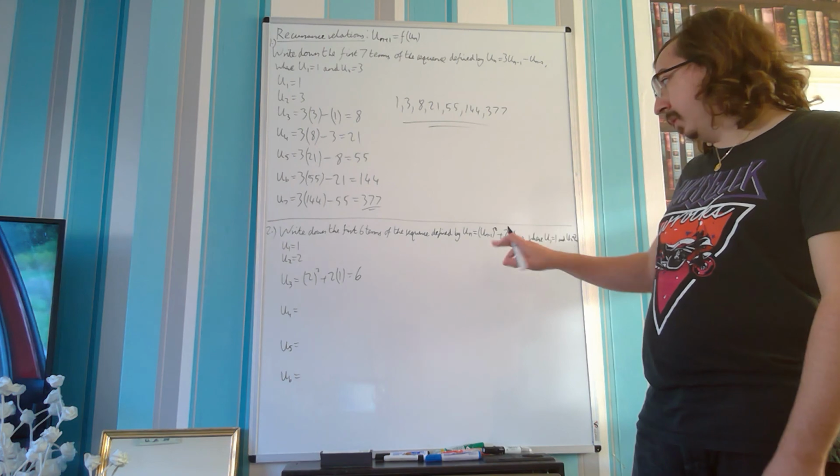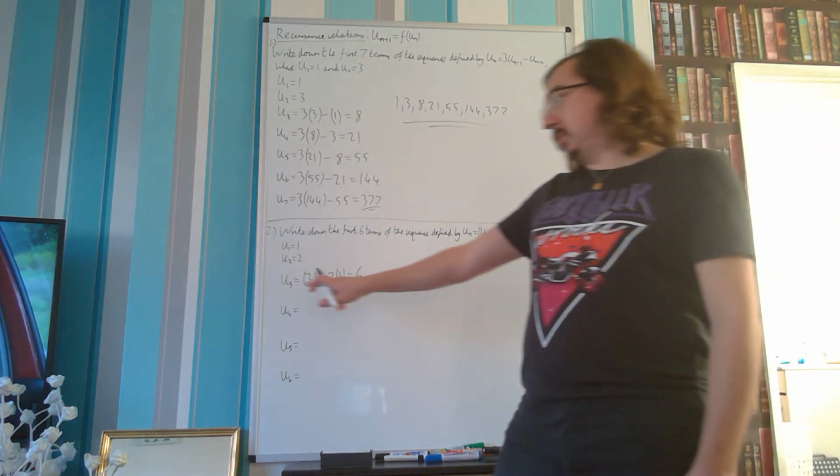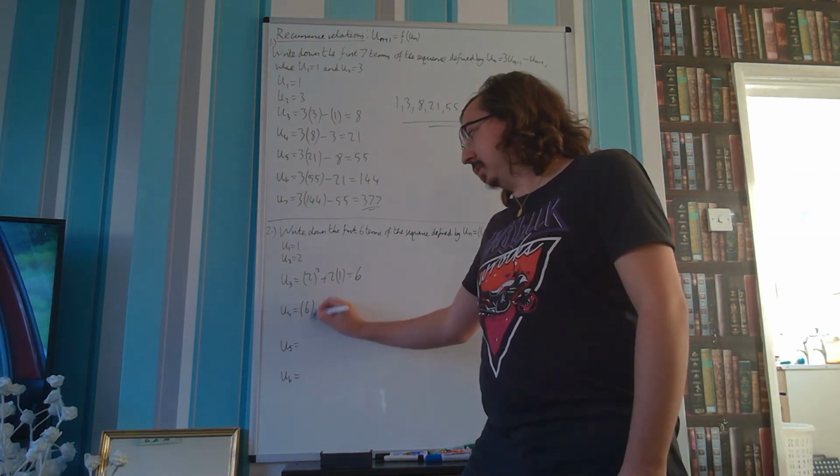For u4, we have u of n minus 1, which is u3, which is 6.